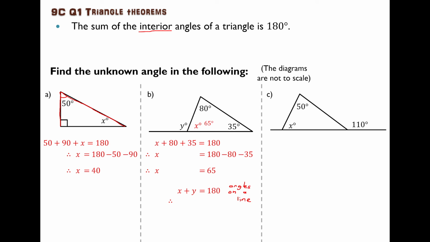Okay. What was x again? x was 65. So I'll replace x with 65. Leave the rest the same. So 65 plus y equals 180. 65 moves to the other side, becomes negative 65. Copy down the y, copy down the 180. So therefore y equals 115.